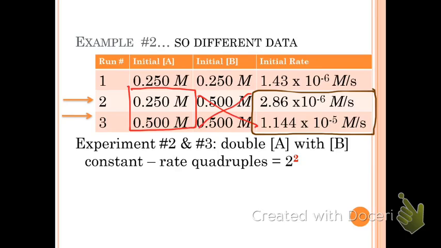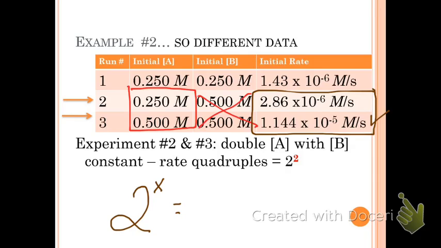If we double the concentration of reactant A, the rate changes to 1.144 e to the negative 5. Of the 2 rates, 1.144 e to the negative 5 is a higher rate. So we just want to find out how that factor changes from the rate it was.